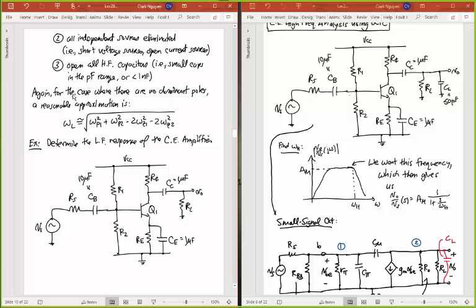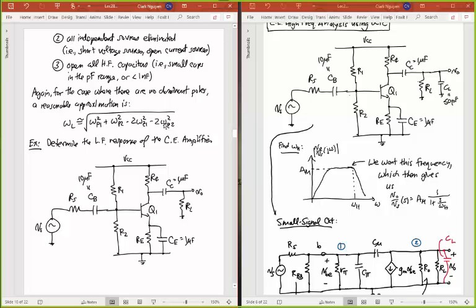Like I did for open circuit time constant analysis in the last lecture, there could be a case where you don't have a dominant pole, and in that case, if you really want to fudge it, and this is not entirely accurate, you can use this equation where that low frequency pole is going to be equal to the square root of omega p1 squared plus omega p2 squared, and so on, minus 2 times omega z1 squared, that is the location of a zero, minus 2 times omega z2 squared, etc., for as many zeros as there are.